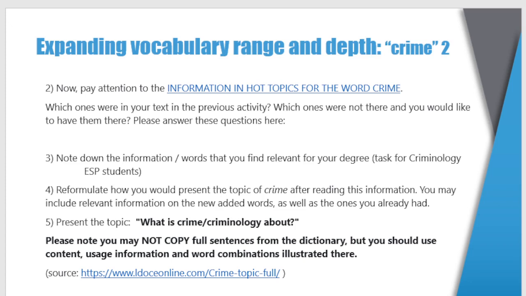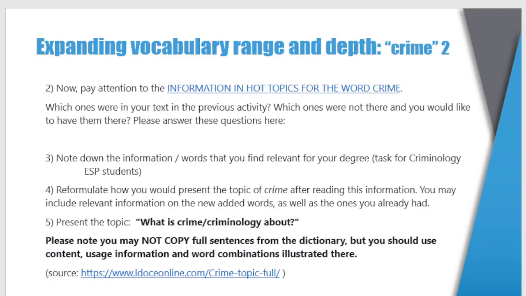In this case, these are criminology ESP students. And they are asked to reformulate the original text and present the same idea again, what is crime, what is criminology, by expanding the vocabulary range and depth. They are, of course, also asked not to copy dictionary entries, dictionary examples in full.